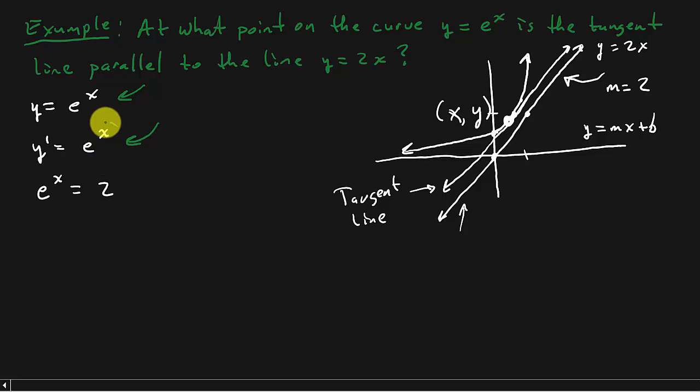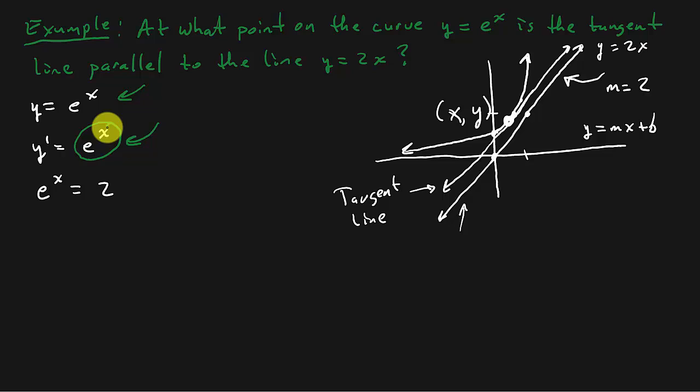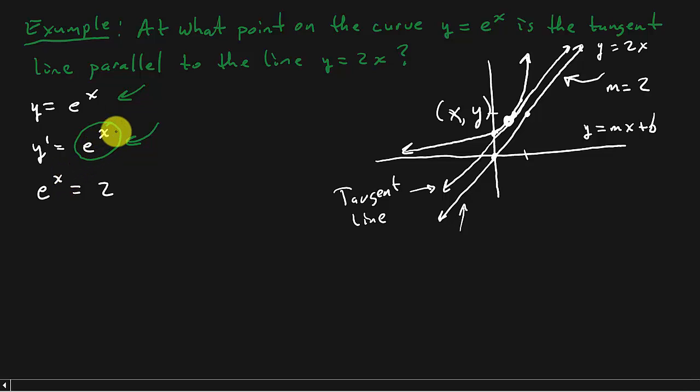You set the derivative equal to 2, because I need to know what number I can plug in here for x to get 2 as an answer. This is my derivative. I need my slope to be 2. What does that x value need to be?